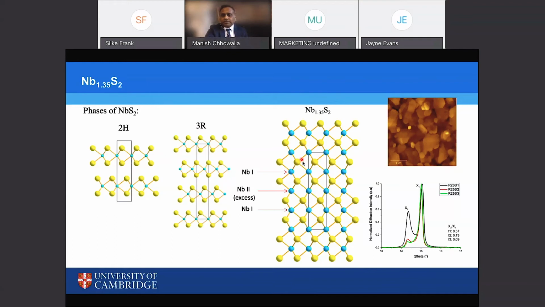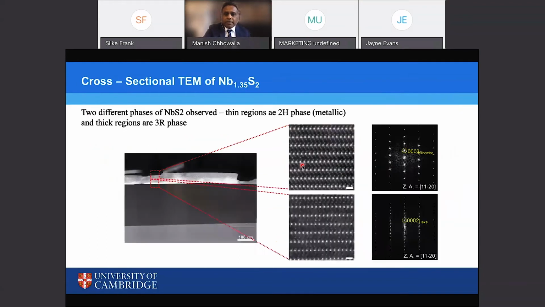We can do cross-sectional transmission electron microscopy to look at the structure, and what we find is quite curious. It turns out that in the case of niobium disulfide, the metallic 2H phase is preferred at very low thicknesses.